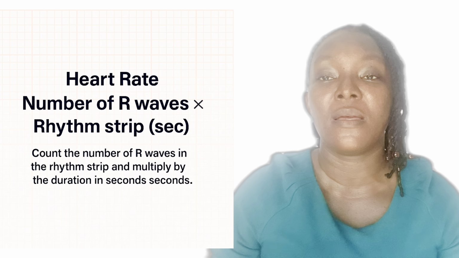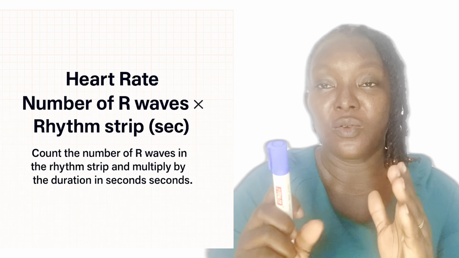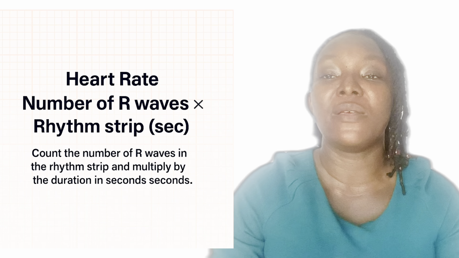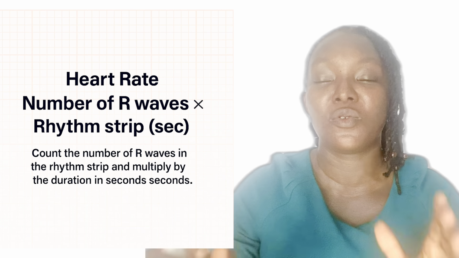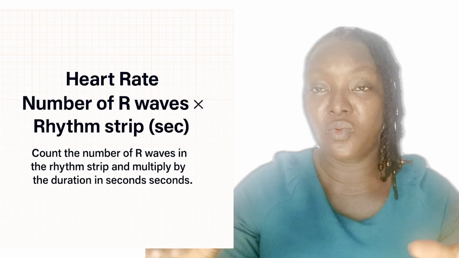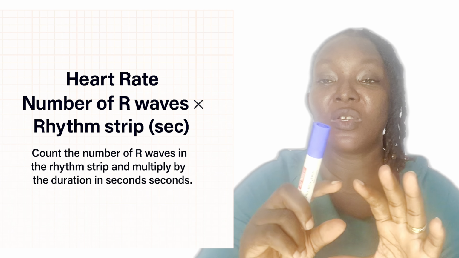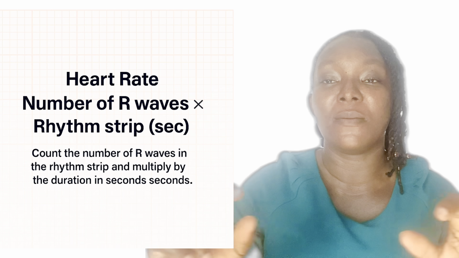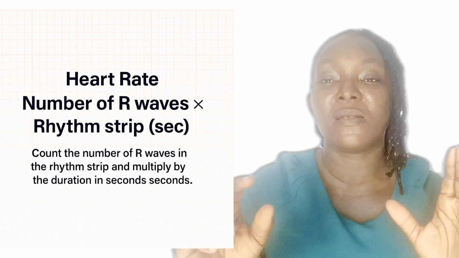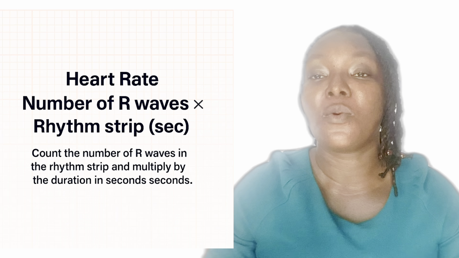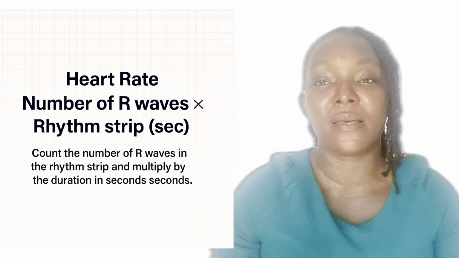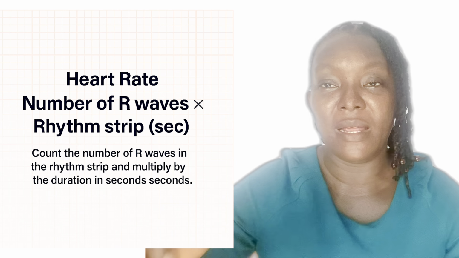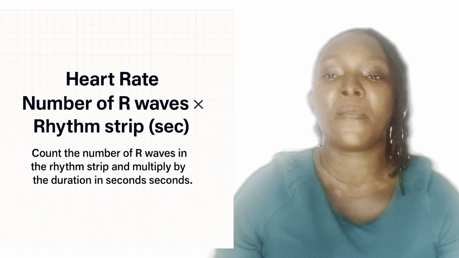Let me take that again. If you know that your reading strip is 5 seconds, count the R waves in the reading strip. We usually use lead 2 as our reading strip. So if you know that is 5 seconds, that means your aVL, lead 1, all the 12 leads, they are 5 seconds, 5 seconds, 5 seconds.